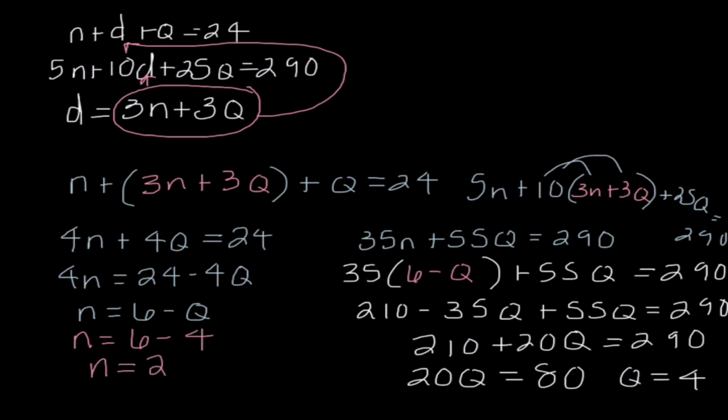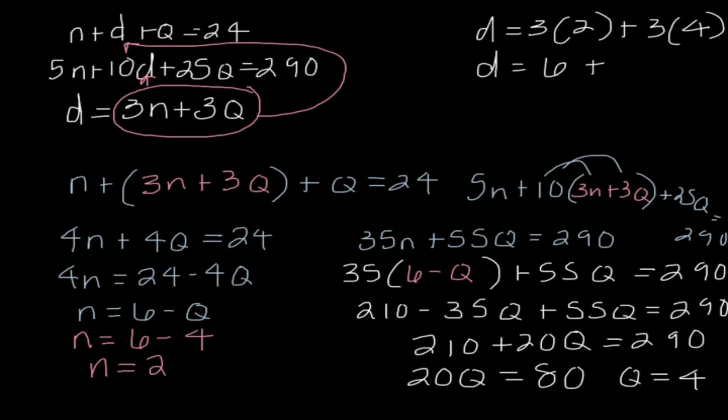To figure out my final variable, I'm going to substitute back into one of these three equations. I'm actually going to use the one that's already isolated for D, but it really doesn't matter. So I'm going to say D equals 3 times 2 plus 3 times 4. So D equals 6 plus 12, which is 18.